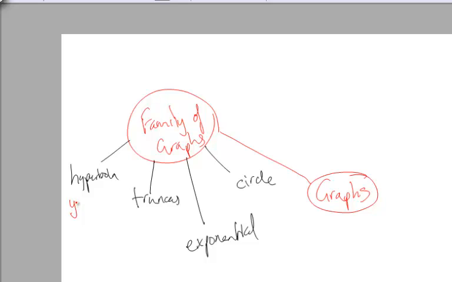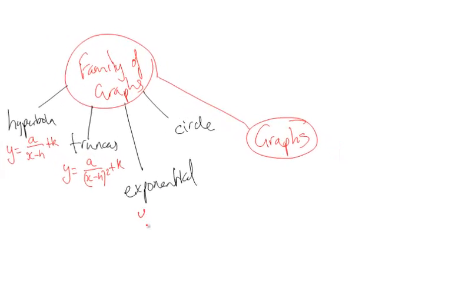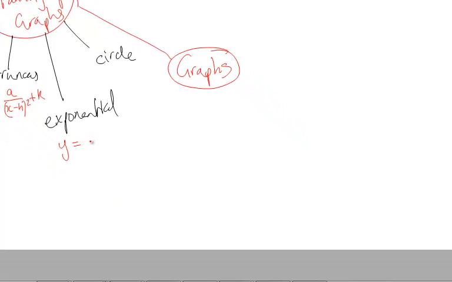Remembering the hyperbola is y equals a over x minus h plus k. The truncus was y equals a over x minus h squared plus k. Very similar to the hyperbola. The exponential was y equals, I'm just going to leave it as 2 to the x.